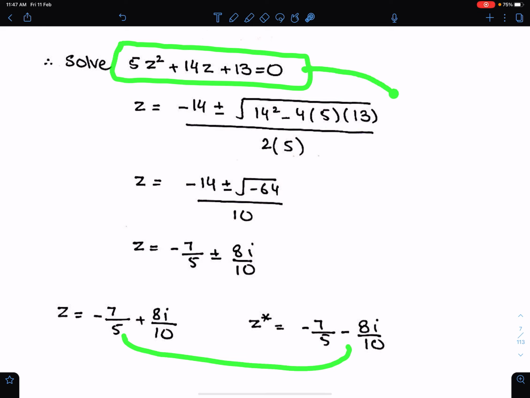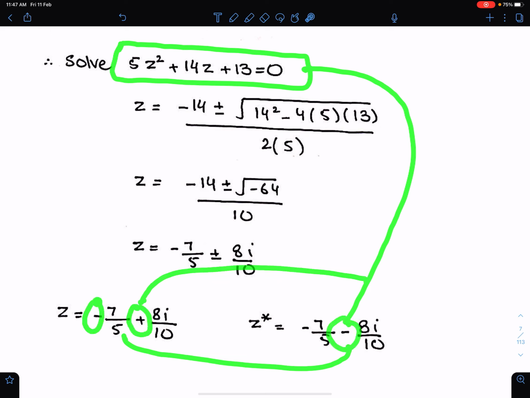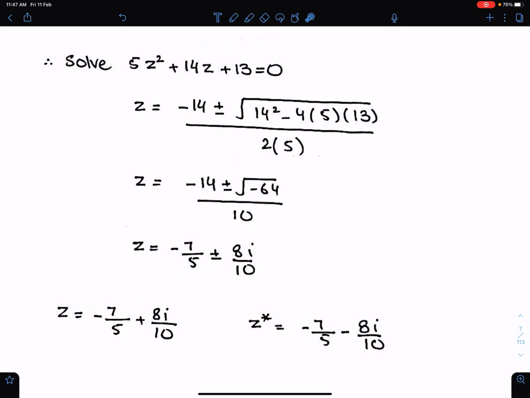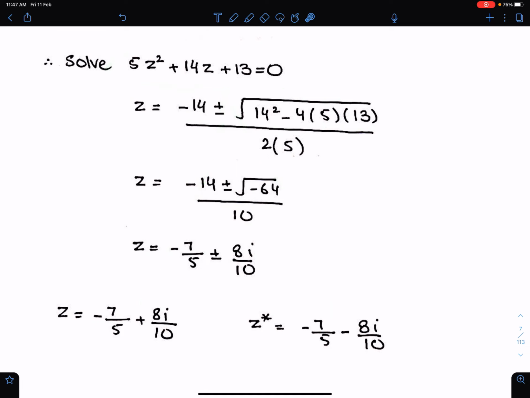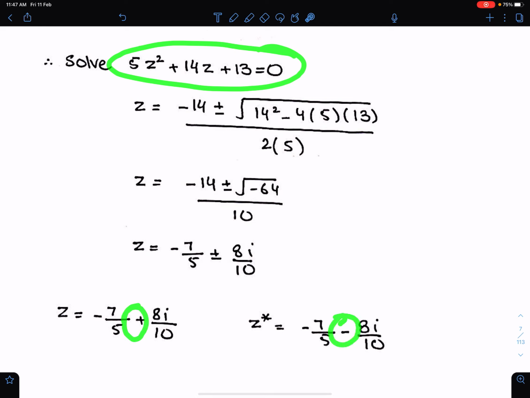When you solve this equation, you will get your answer in pair form. See, negative sign, positive sign, and same signs of real parts. So remember this, if a quadratic equation with real coefficients has two complex roots, then these roots are conjugate.